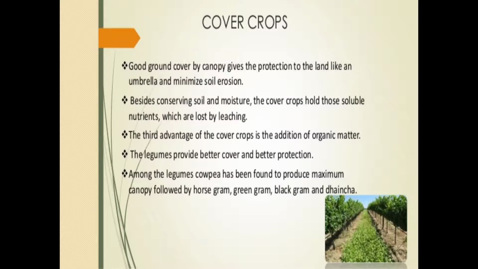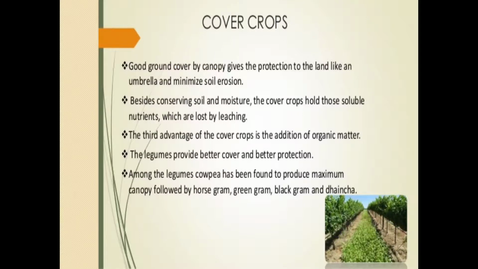Particularly the inclusion of legume crops or pulse crops is very important, as they provide cover to the surface of the soil as well as better protection to the soil from the different factors. Among the legumes, cowpea has been found effective to produce the maximum canopy, followed by horse gram, green gram, black gram and dhencha.